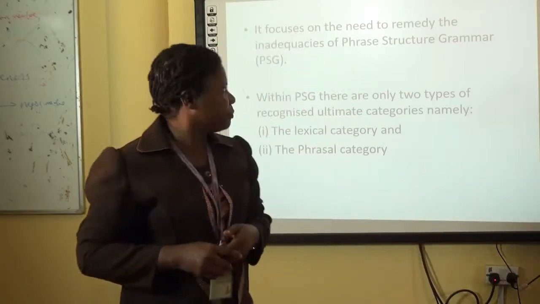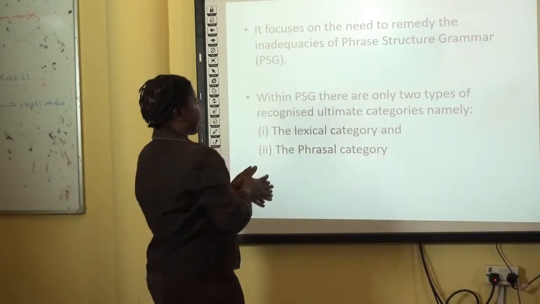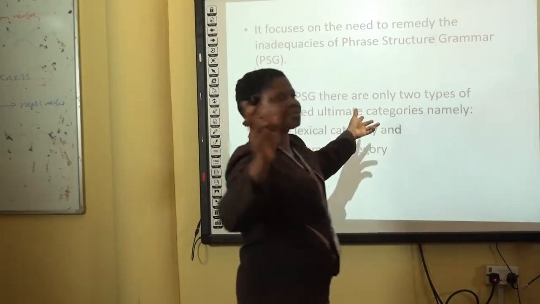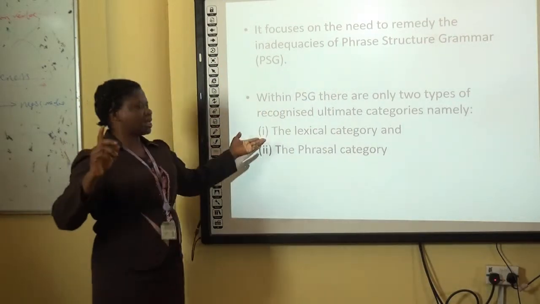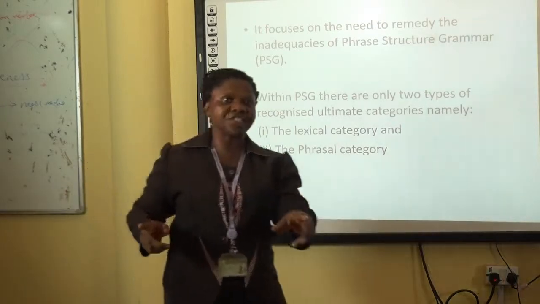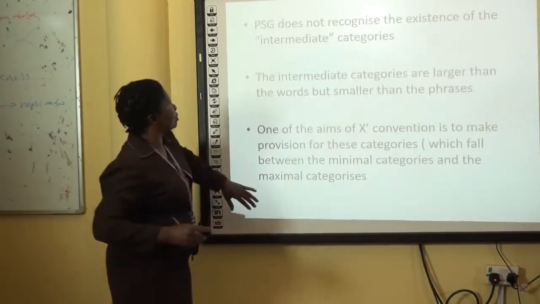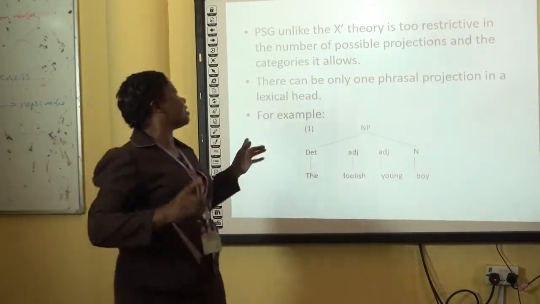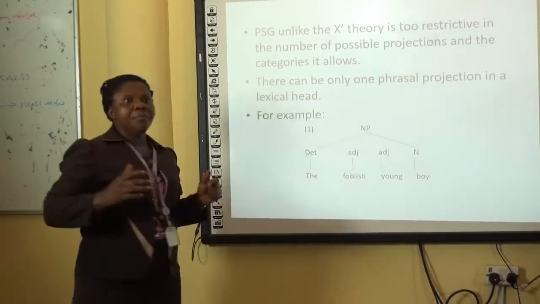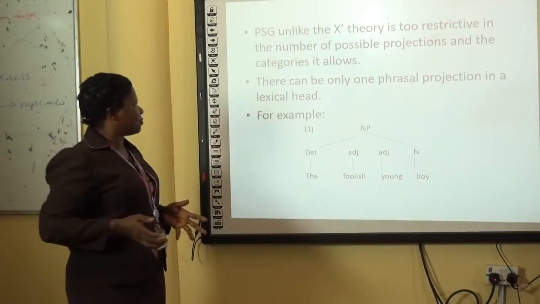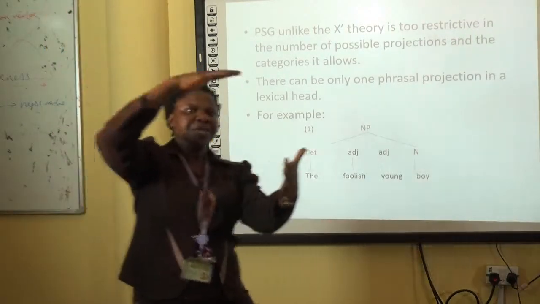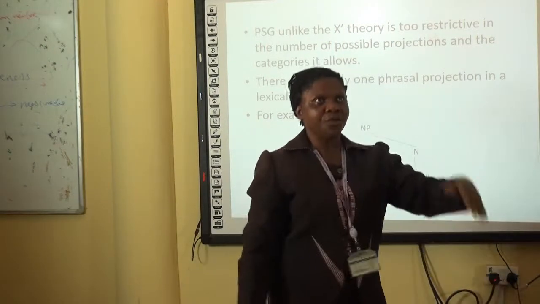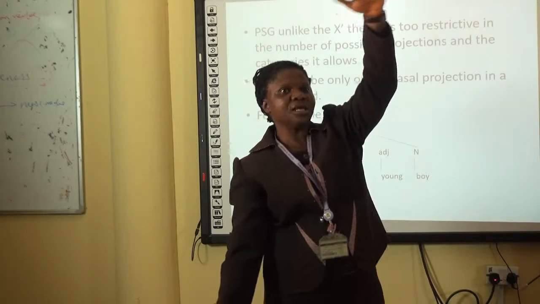Within phrase structure grammar, we have only two recognized ultimate categories, the lexical category as well as the phrasal category. PSG was too restrictive. You just have the minimal category and the maximal category.